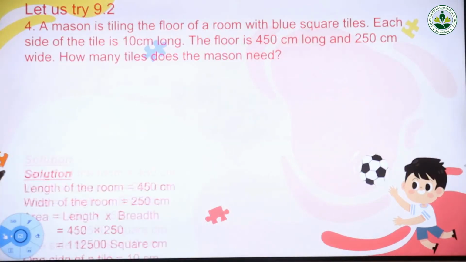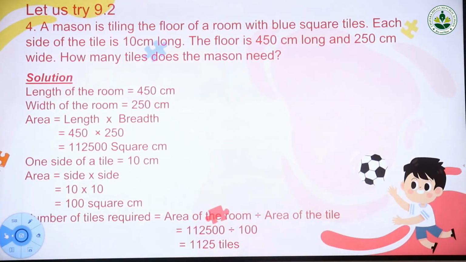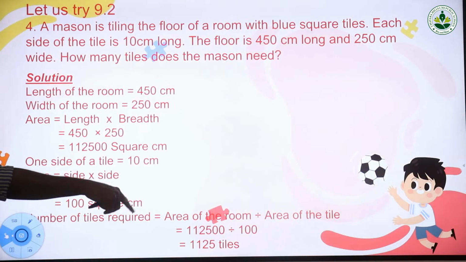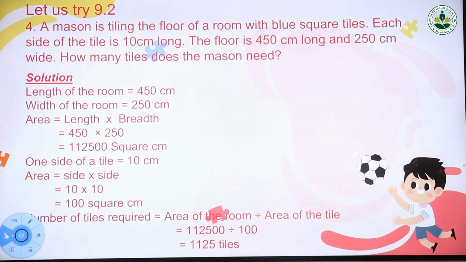Once more I will tell. Here the length of the room is 450, and the width or the breadth of the room is given, that is 250 centimeter. First we need to find out the area of that floor, then only we can find how many tiles are needed.